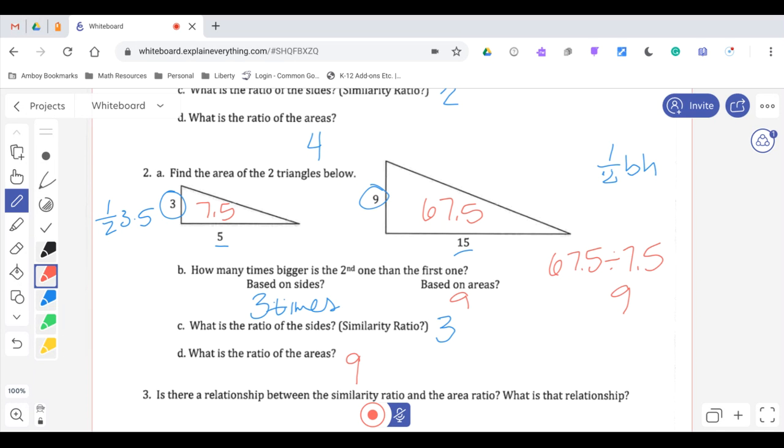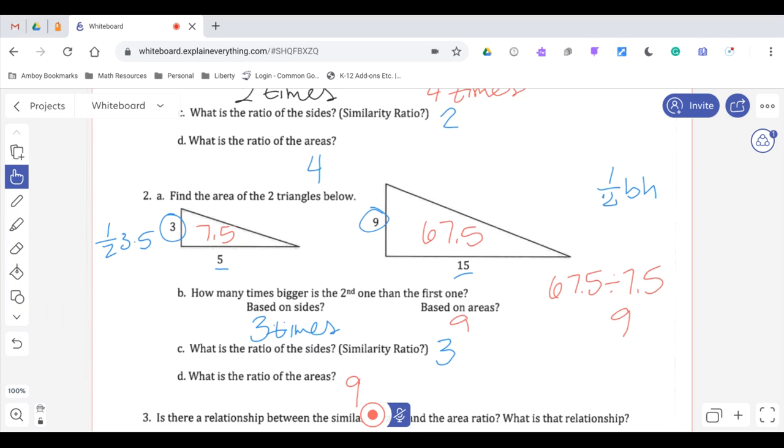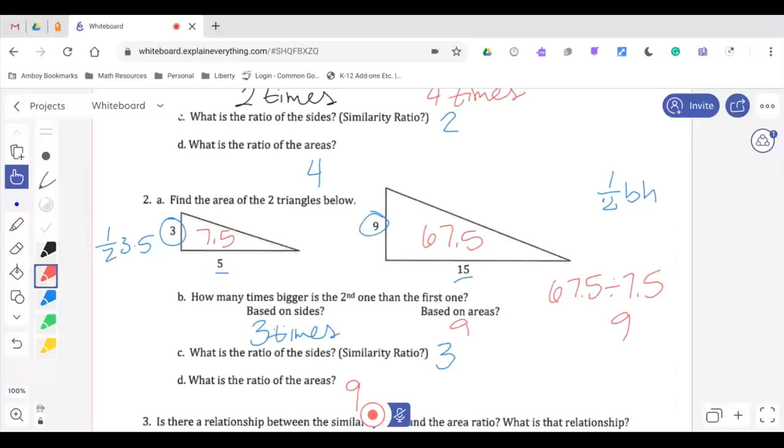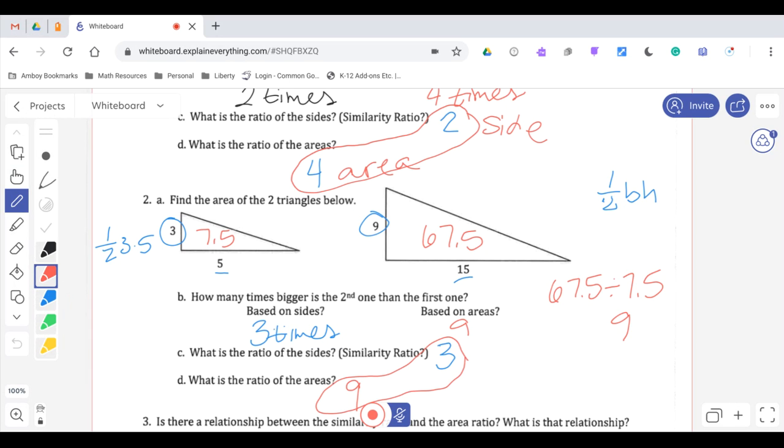Okay. So let's look at our two different ratios. Up here, our side was 2 and our area was times 4. And down here, our side was 3 and our area was 9.